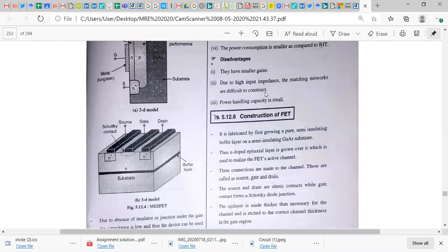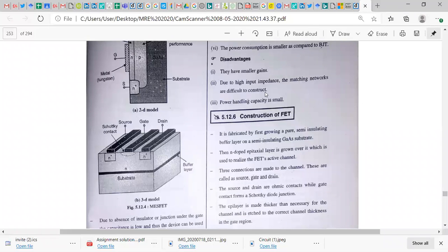Before giving it to the receiver or to the antenna, I need to amplify it. So I will be creating an amplifier circuit, for which I need BJT or FET. BJT is having low input impedance, so it will not match with the impedance of the waveguide.